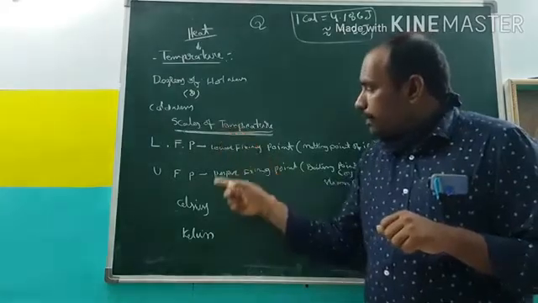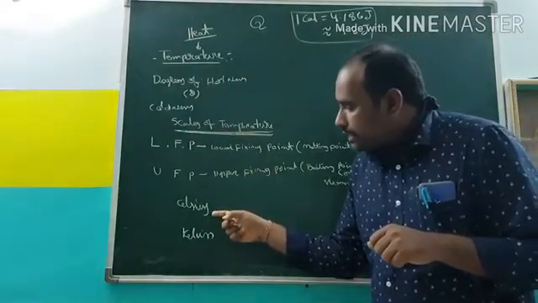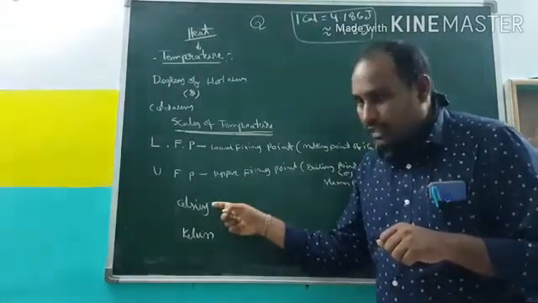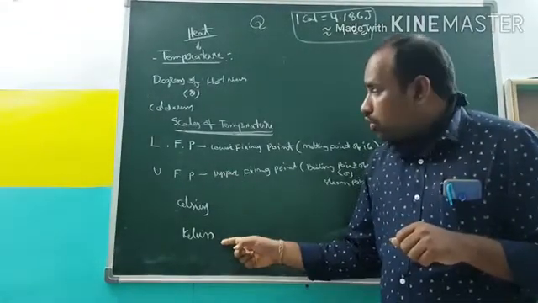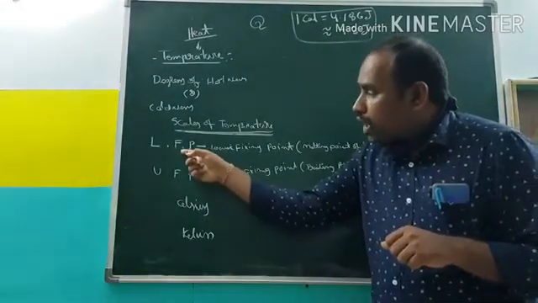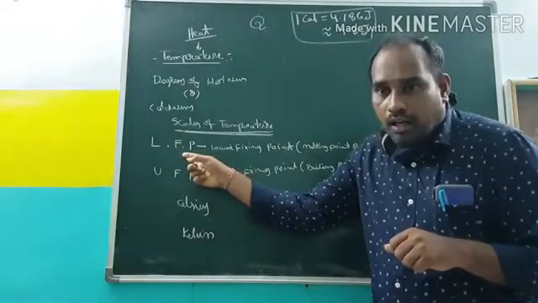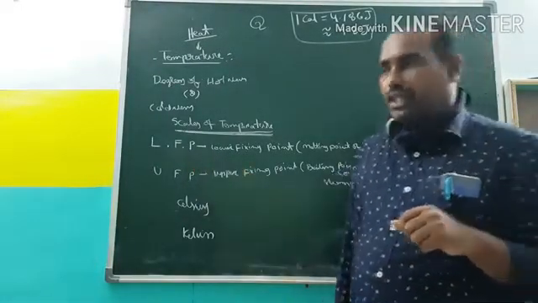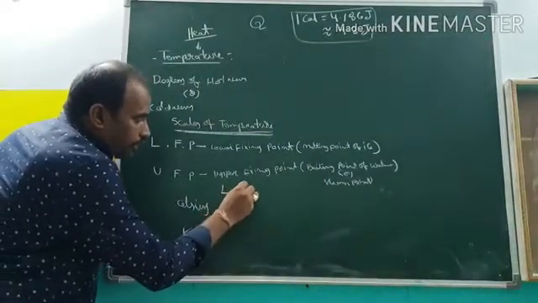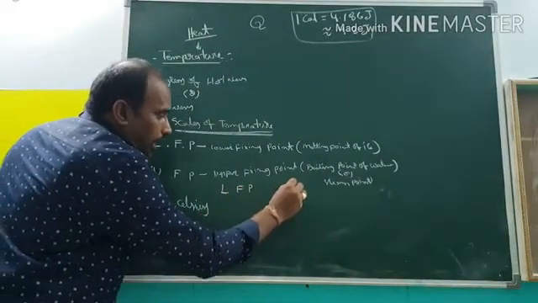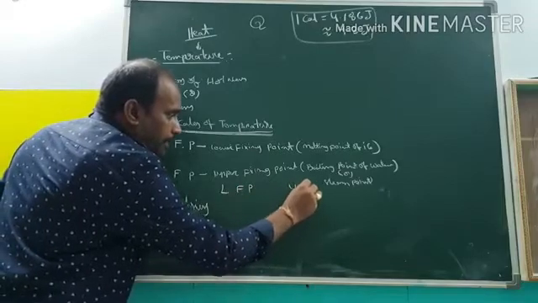Then how many scales of temperature are there mainly? Celsius, Kelvin. Celsius scale of temperature, Kelvin scale of temperature. So for the scales of temperature, what are you using? Lower fixing point and upper fixing point. So that's why in the Celsius, lower fixing point and upper fixing point.